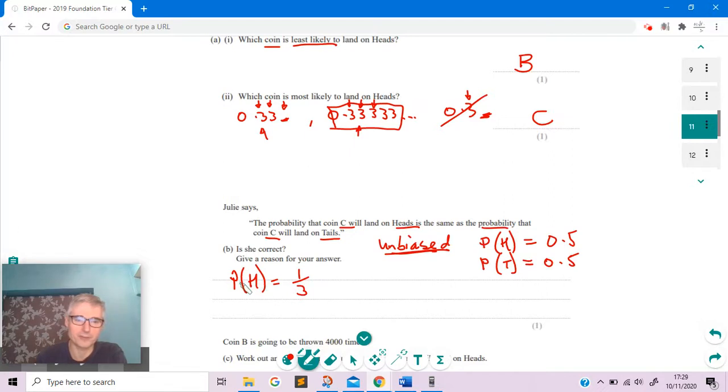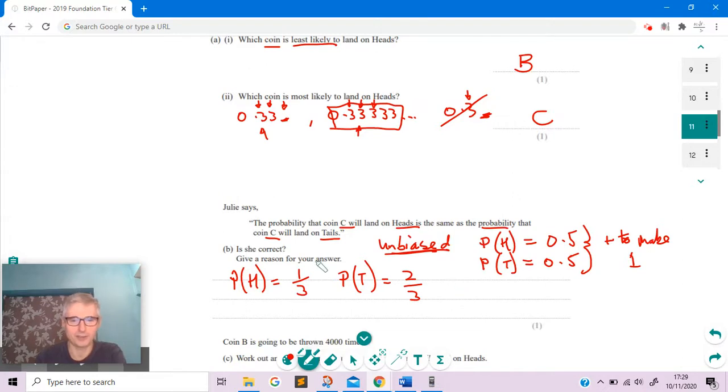And since all the probabilities have to add up to 1, and we can see these would add to make 1, that would mean that the probability of getting a tail would have to be 2/3. And that's because 1/3 plus 2/3 would equal 1.